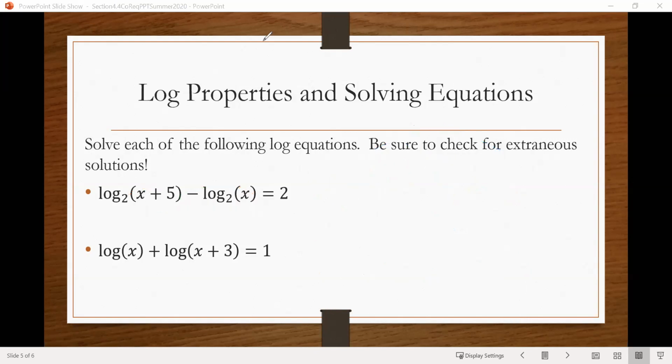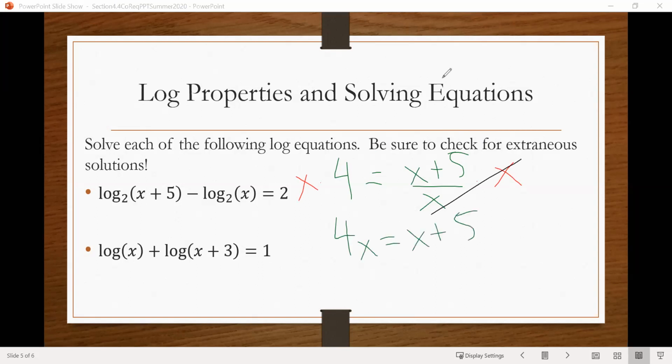So first of all, the 2 squared, we know that's equal to 4. So this will become 4 equals x plus 5 over x. And then we'll use our techniques for solving rational equations. So we'll multiply by x on both sides to get the x out of the denominator. So this will become 4x equals x plus 5.